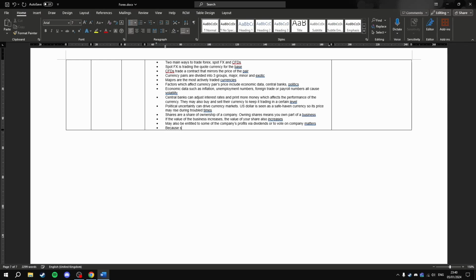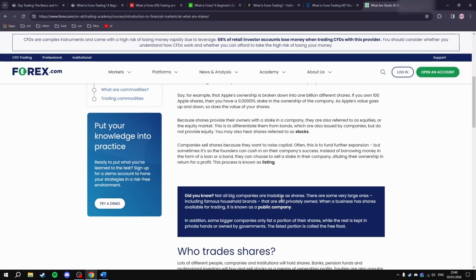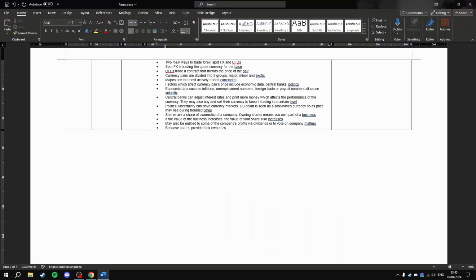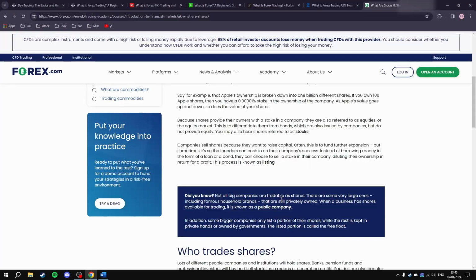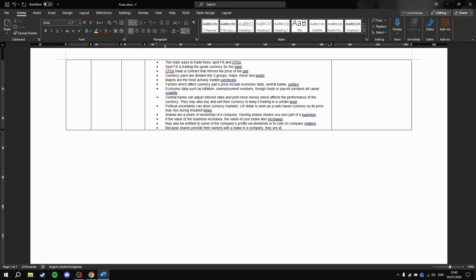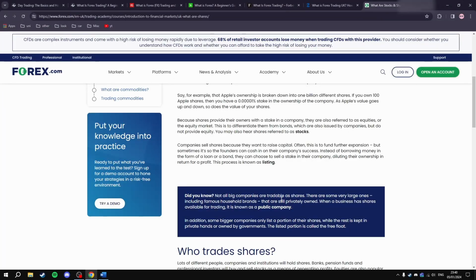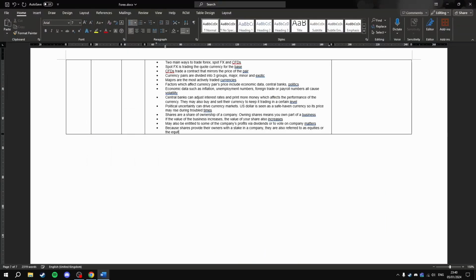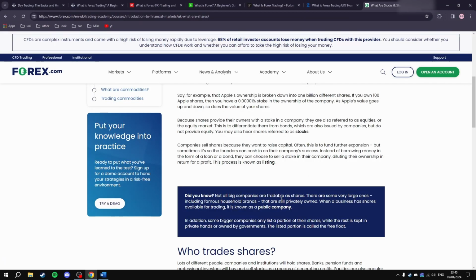Because shares provide their owners with a stake in a company, they are also referred to as equities, or the equity market.